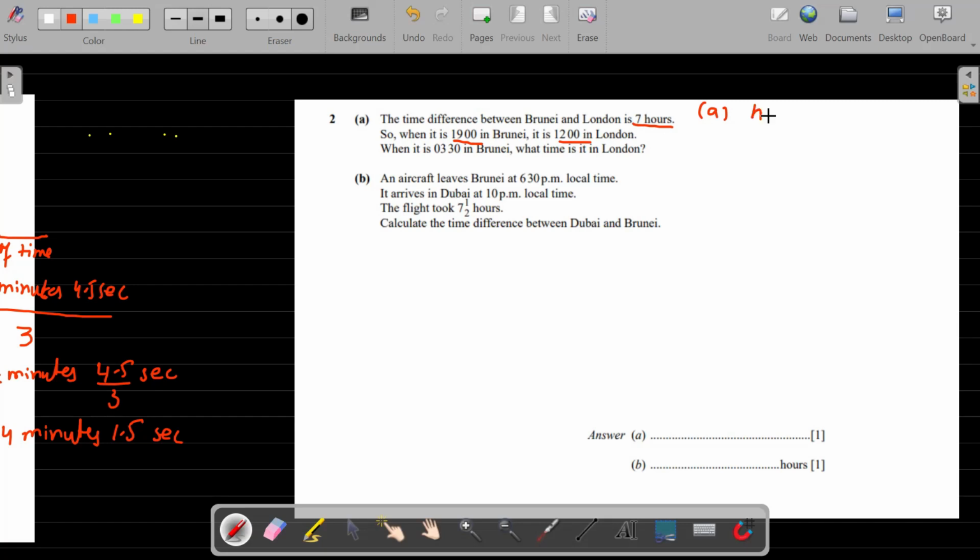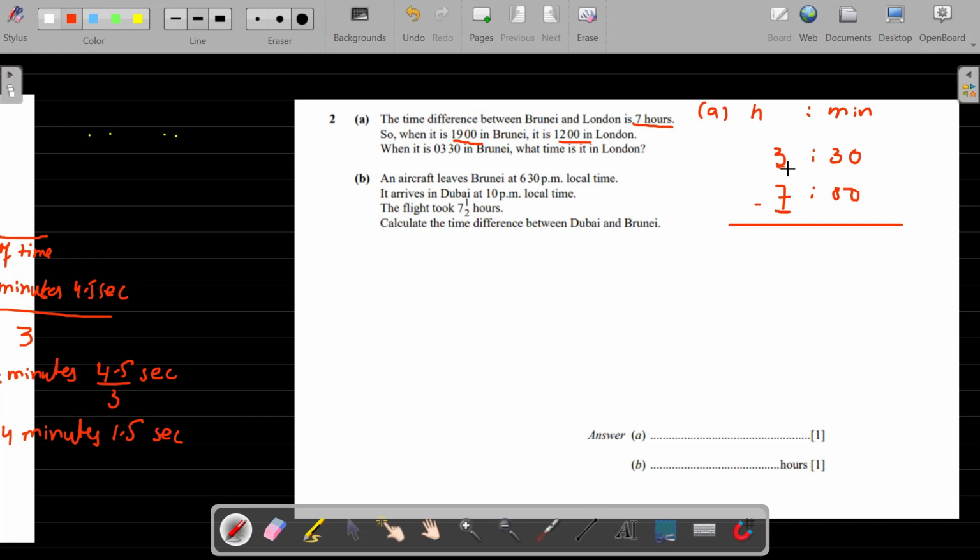This is my hour section, and this will be my minute section. You can see that if it is 3:30, I need to subtract 7 hours from it. Now you can see very clearly that the upper value is smaller and the second value, my 7 hours, is greater.